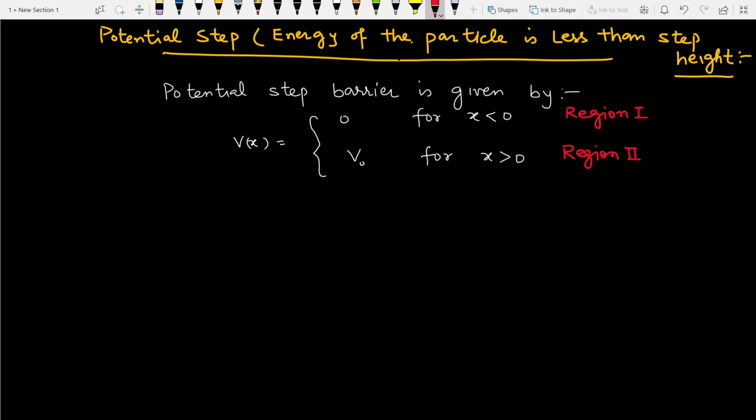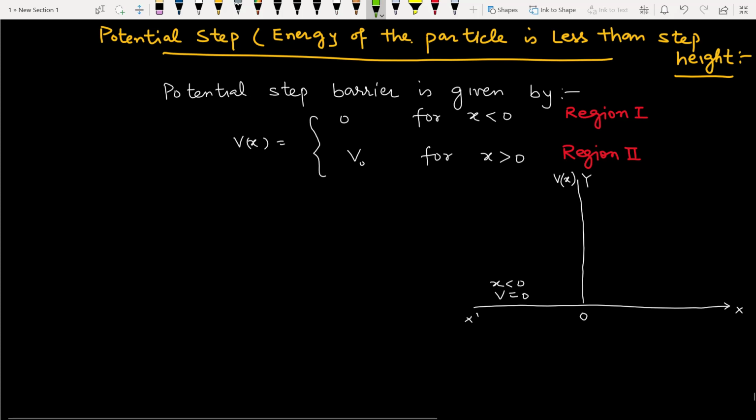So if we mark this potential step in the form of graph, then it is like, say this is x-axis, this is y-axis, this is x dash axis, and along y-axis we mark the potential and along x-axis we mark the position. Then this is a region for x less than 0, negative values of x, and here potential is equal to 0.